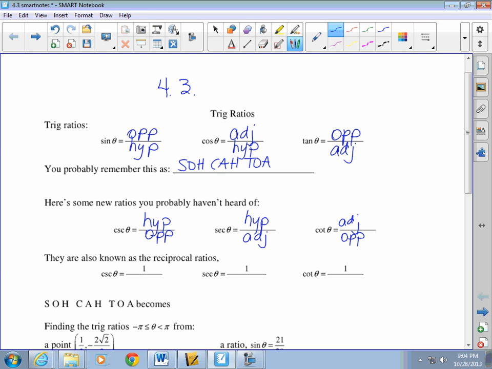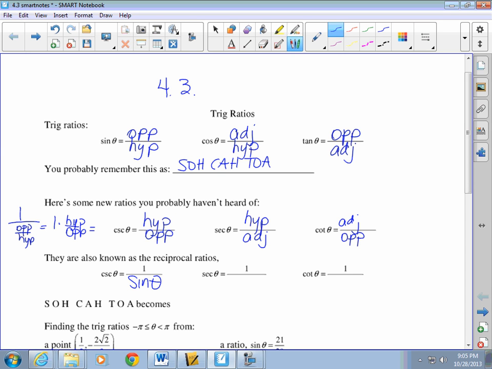As a reciprocal ratio, what we're doing is taking cosecant and saying it is the same as 1 over sine. So because sine of theta is opposite over hypotenuse, if I did 1 divided by opposite over hypotenuse, that's like saying 1 times hypotenuse over opposite.